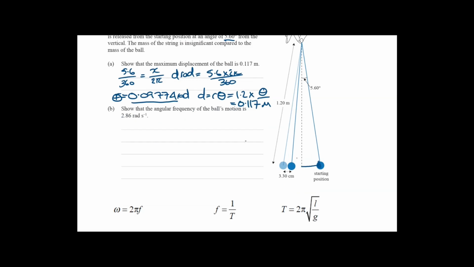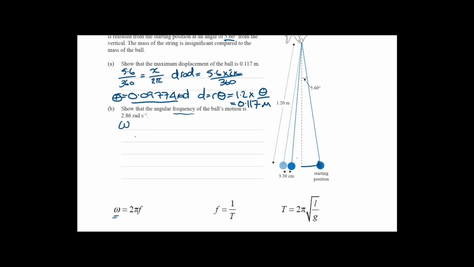This one isn't quite so easy. We're going to have to do a bit of algebra. So I'm going to use these three formulae that are given down the bottom because they're not looking for f. You might see that word frequency, but we want angular frequency. We're actually looking for this omega. First thing we do is combine these two formulae.